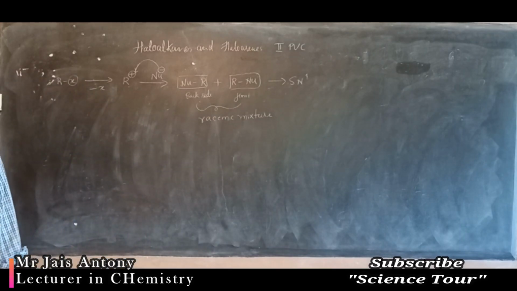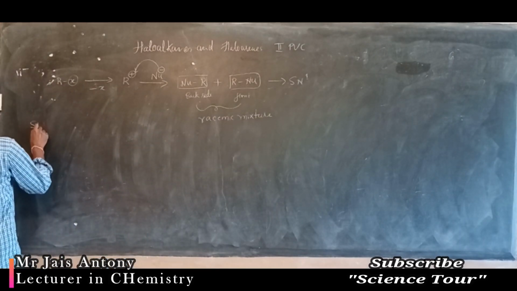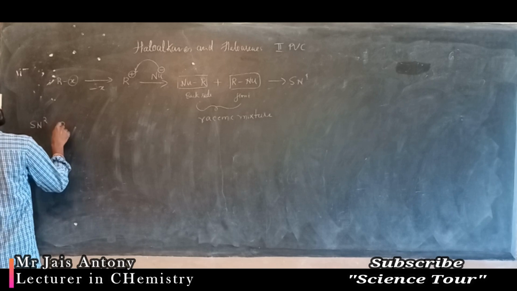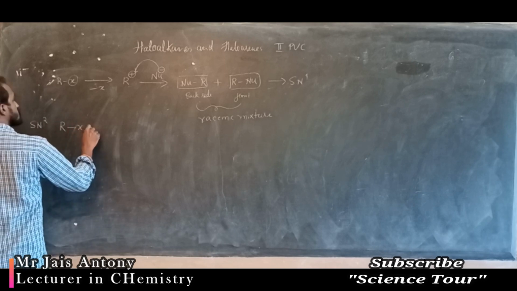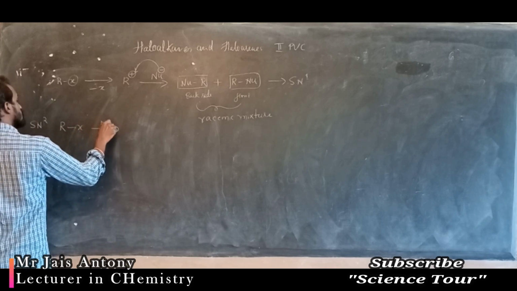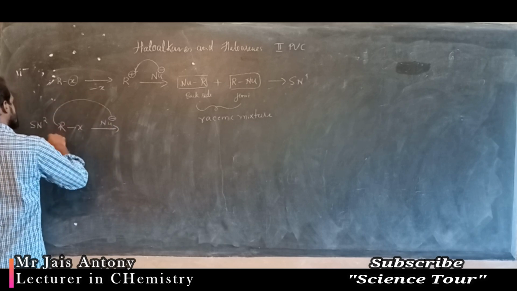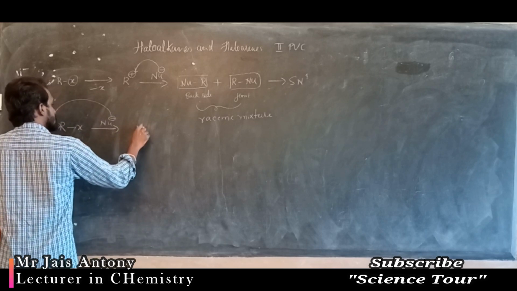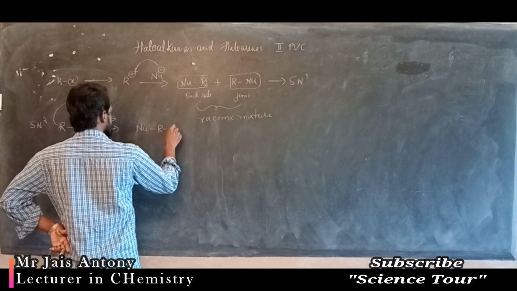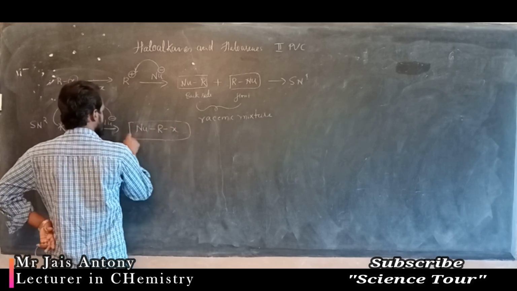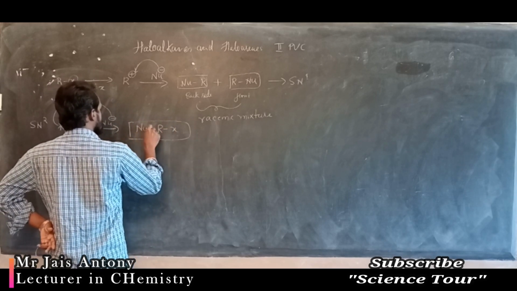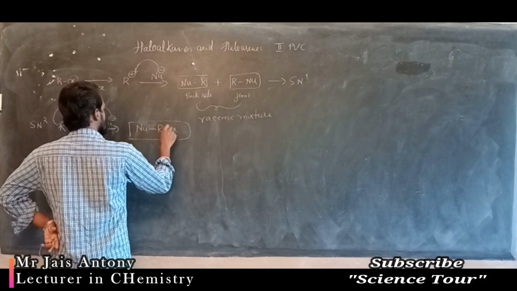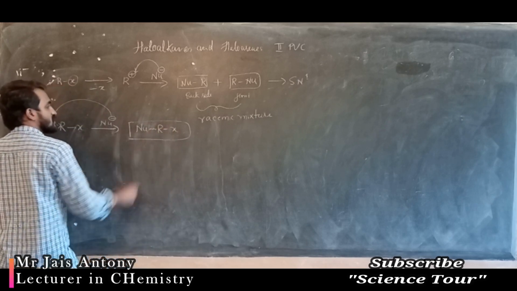When we discuss the SN2 mechanism, the alkyl halide reacts with the nucleophile, which attacks from the backside like this, and it forms an intermediate step. This is actually the intermediate step, with partial bond formation and partial bond breaking. Correct?